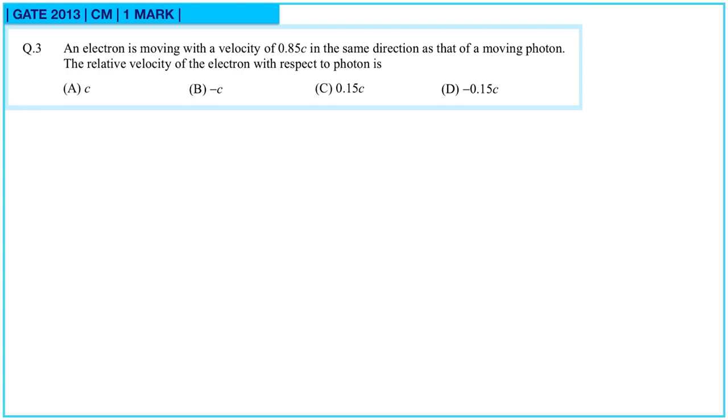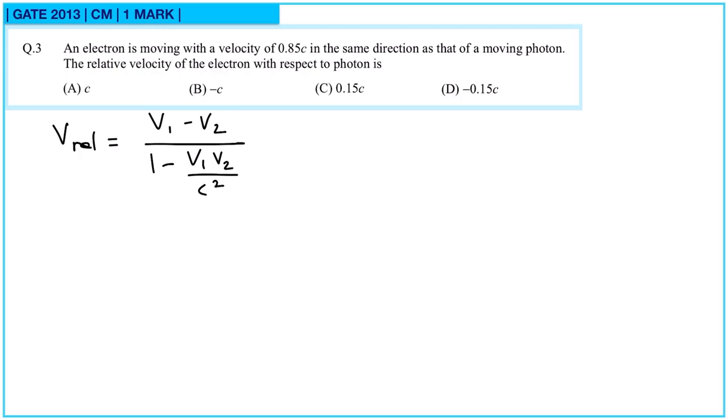Question number 3. An electron is moving with velocity 0.85c in the same direction as that of a moving photon. The relative velocity of the electron with respect to the photon is? Now V relative is equal to (V1 minus V2) upon (1 minus V1 V2 by c square).